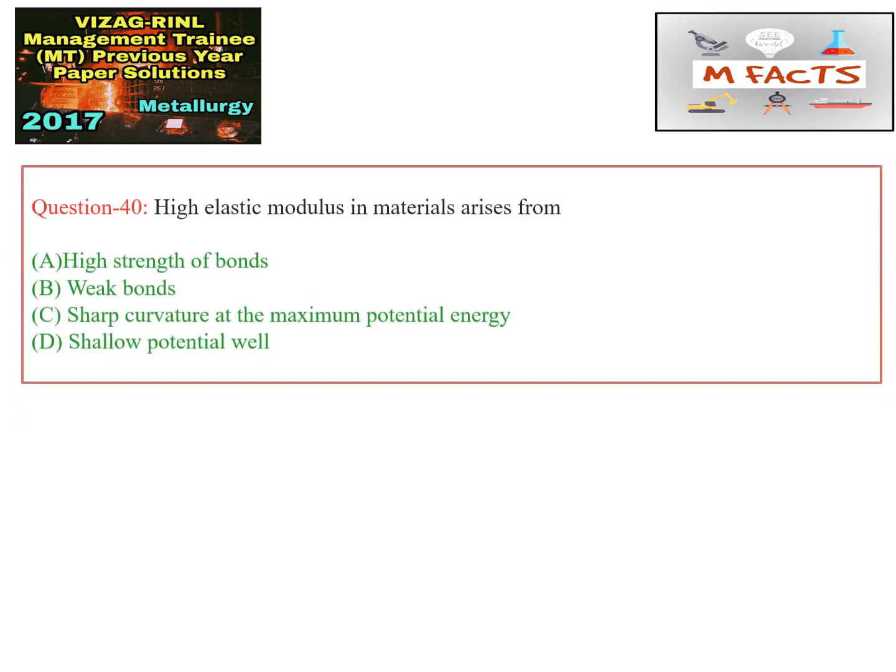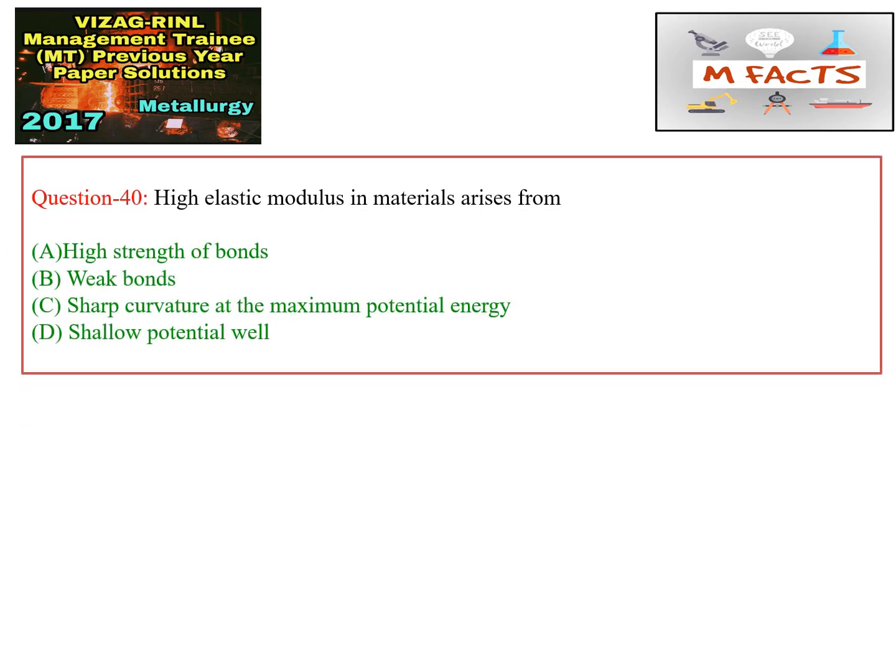Question is: high elastic modulus in materials arises from. They are asking about high elastic modulus. We know materials having strong bonds will have a deep potential energy. Whenever we draw the interatomic distance curve, we can have an idea about that potential energy.